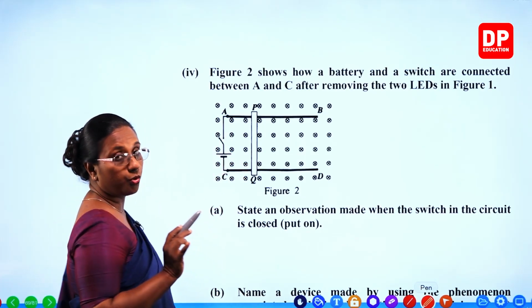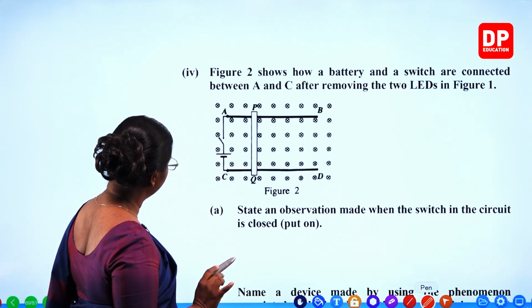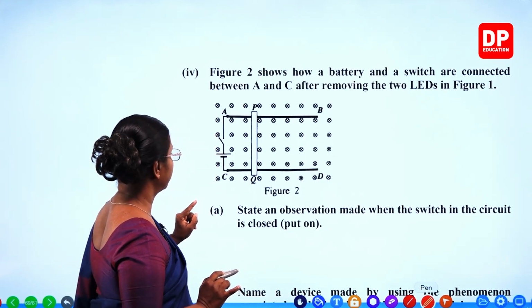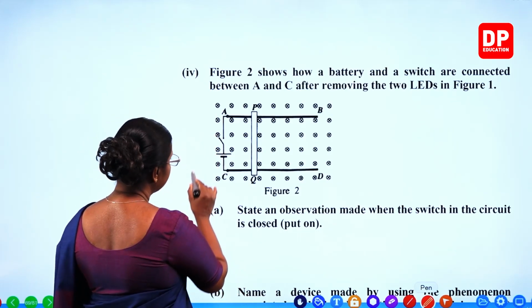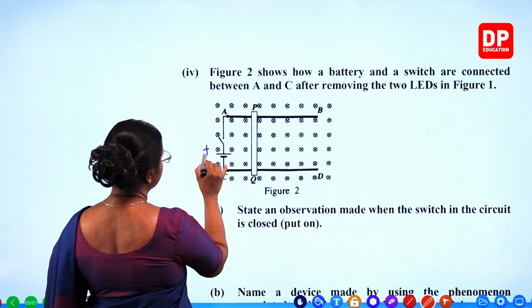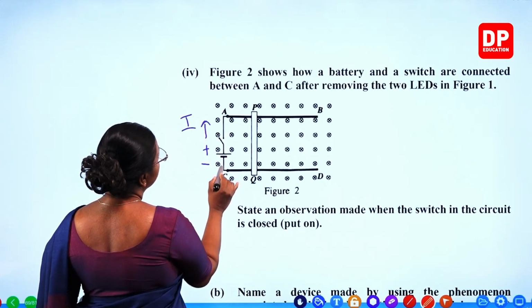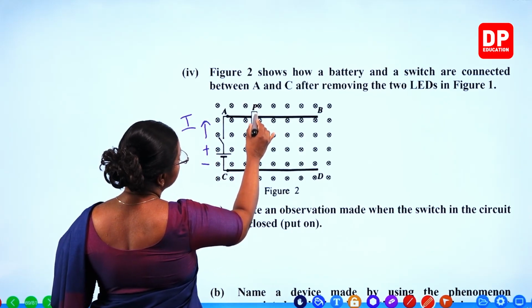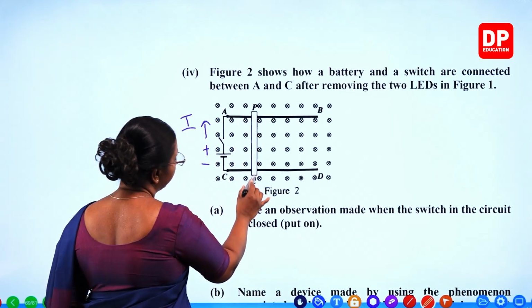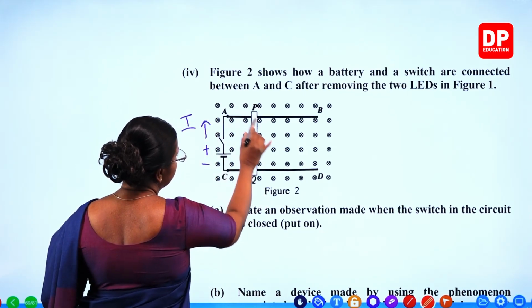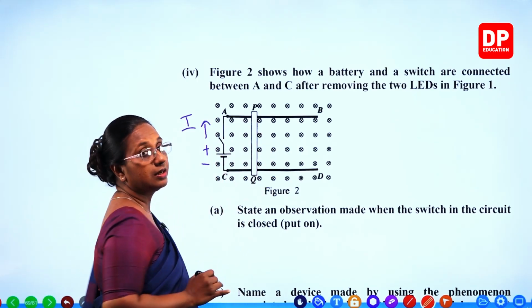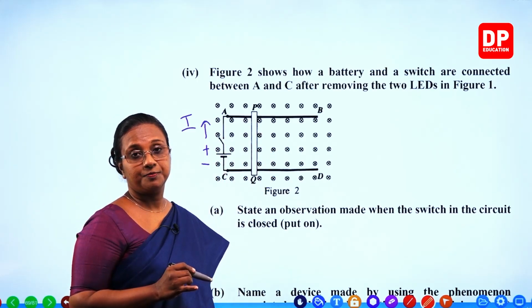Now the switch is open, so current cannot flow. But if you close the switch, you can see this is the positive terminal, negative terminal. So the current will flow in this direction: A, P, then through the conductor, it will flow from P to Q, Q to C. So it will be like a complete circuit.